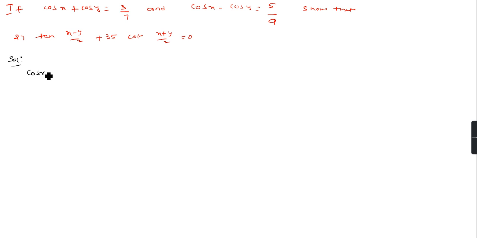so first, cos x plus cos y is equal to 3 by 7. This form is cos C plus cos D, so apply the cos C plus cos D formula.